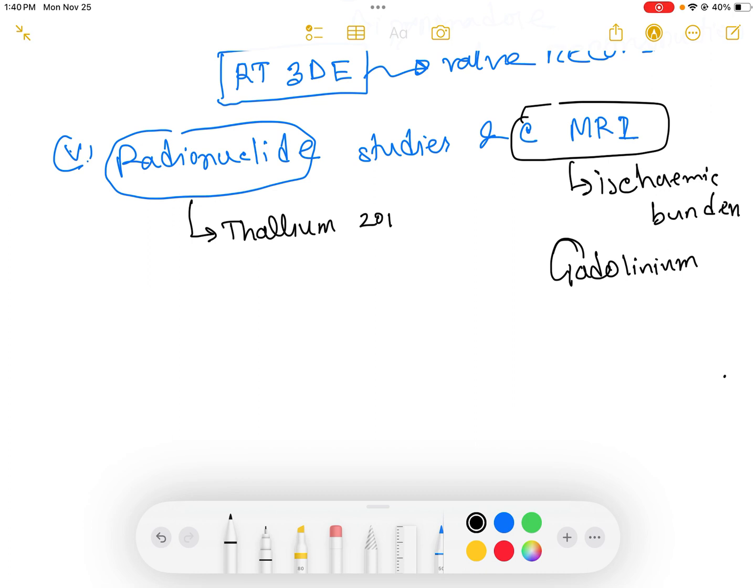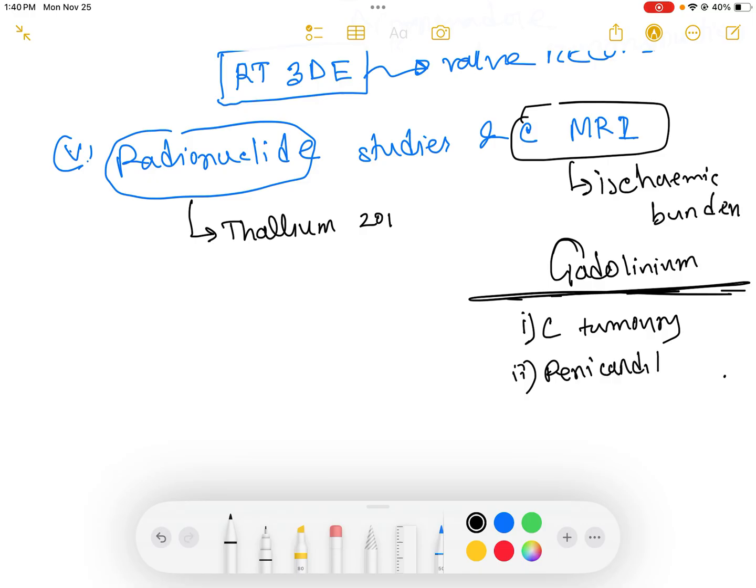MRI is also useful in assessing cardiac tumors, pericarditis, and other structural heart disease.